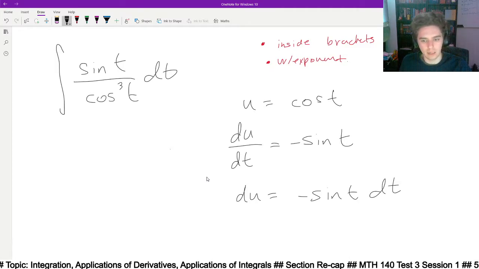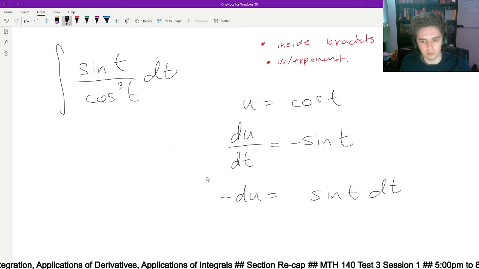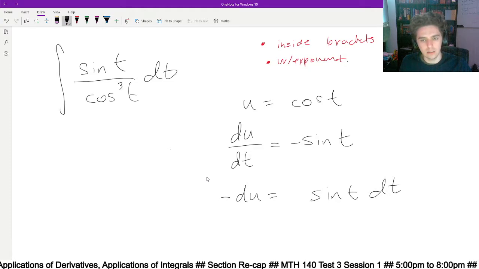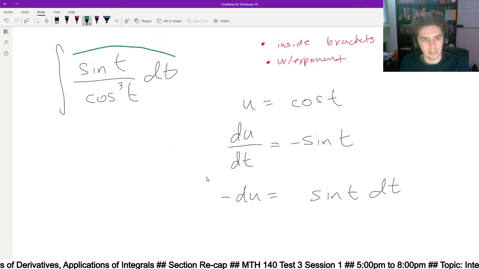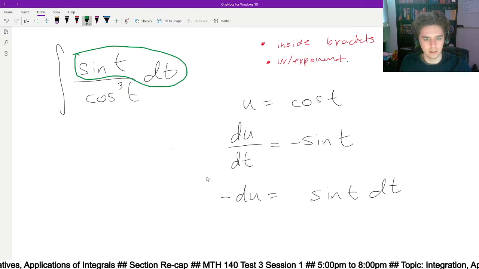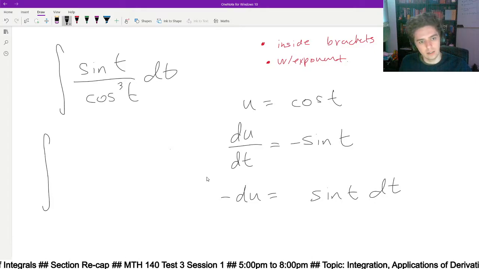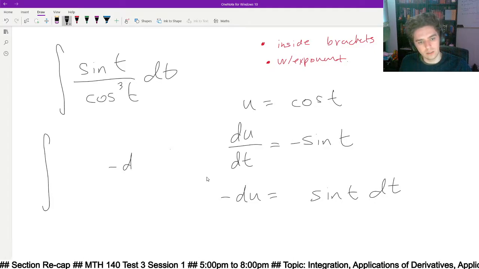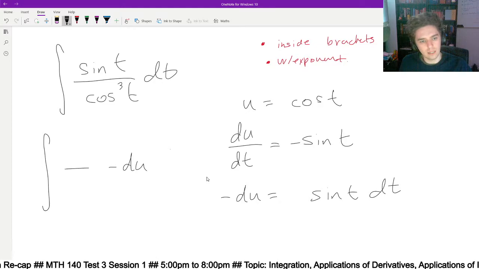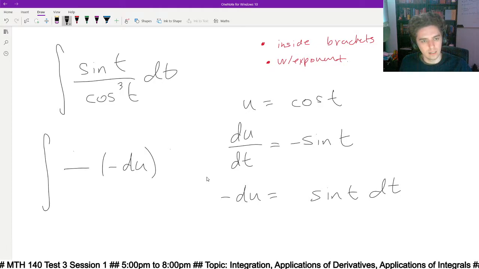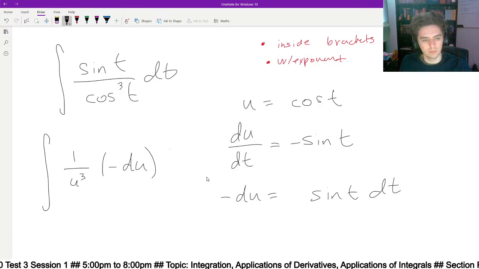And look at this, I can move this negative sign over here, right? And look, sine t dt, we have that. Oh, that's good. So negative du is equal to that stuff. And all that's left is 1 over u cubed.